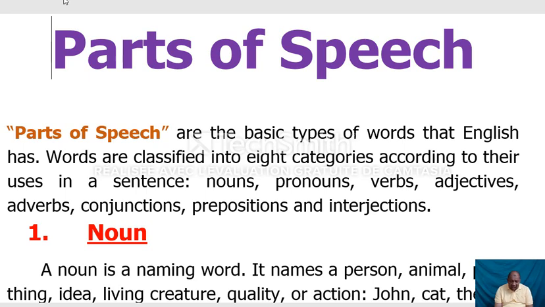By the way, there are other words that we can find, but they are not included in such 8 categories related to English. These 8 categories are the following: nouns, pronouns, verbs, adjectives, adverbs, conjunctions, prepositions, and interjections.